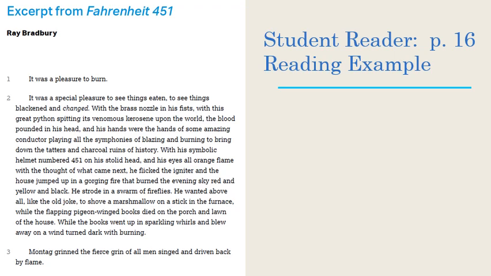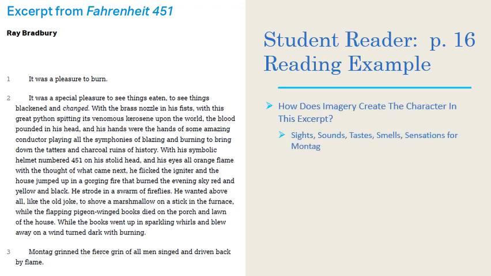They're very similar to the questions that we had for the previous lessons where we were talking about the setting. It's just that we've replaced setting with character now. So the question: how does imagery create the character in this excerpt?